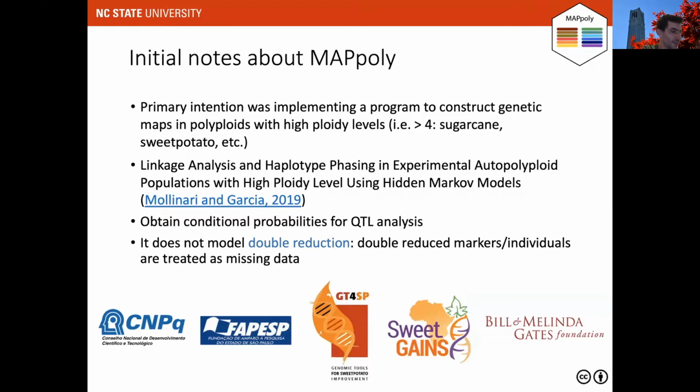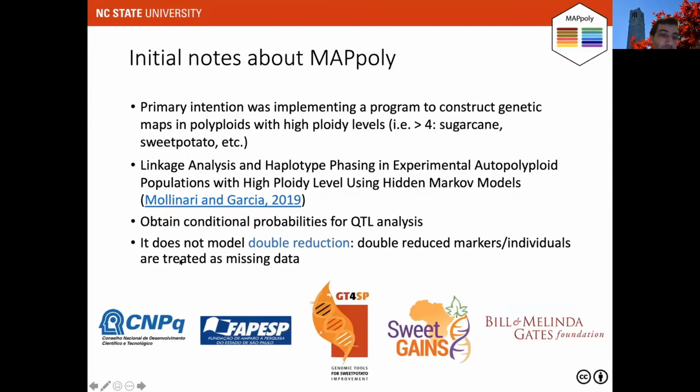Everything that I'm presenting here today is published in this paper, the theory. The principal goal of MAPpoly is to build the map, but not just build the map, also obtain the conditional probabilities for the QTL analysis, which is the next part of the process.